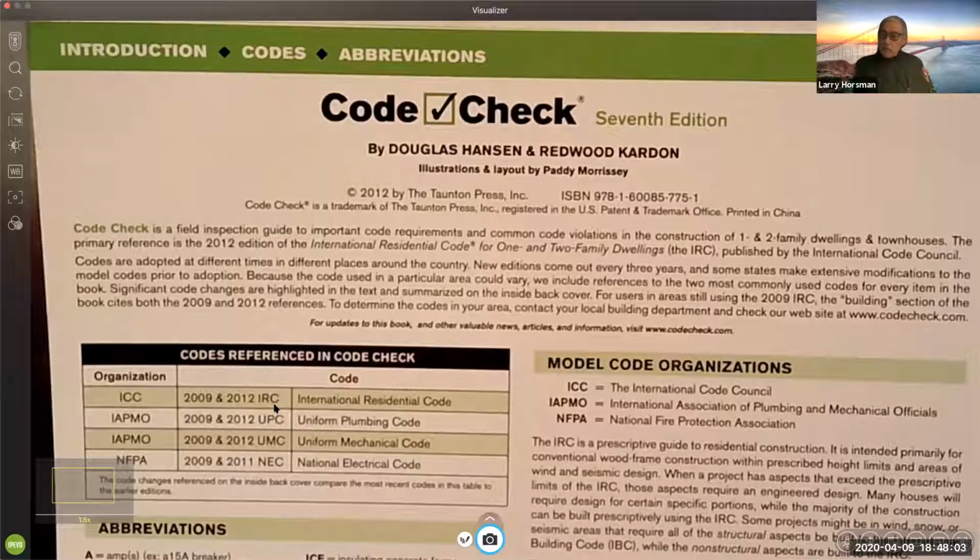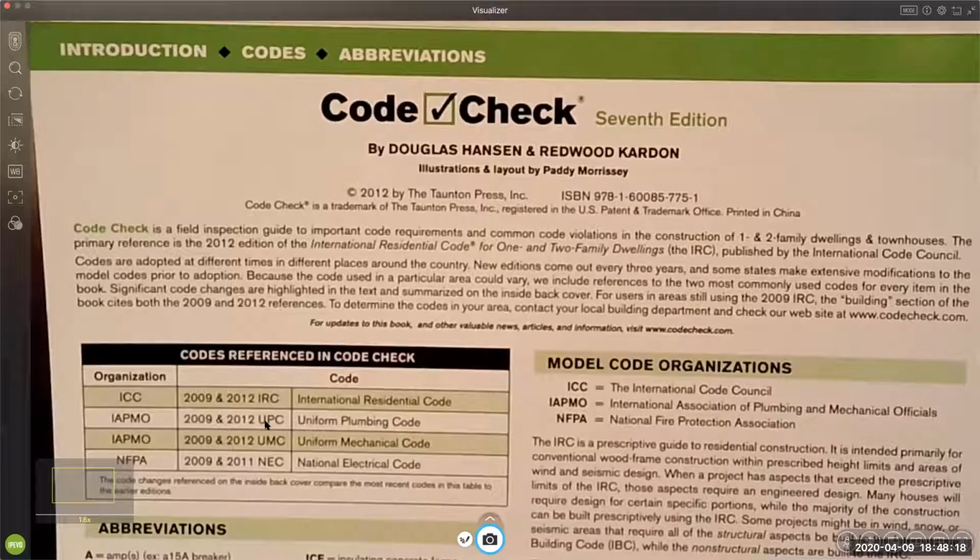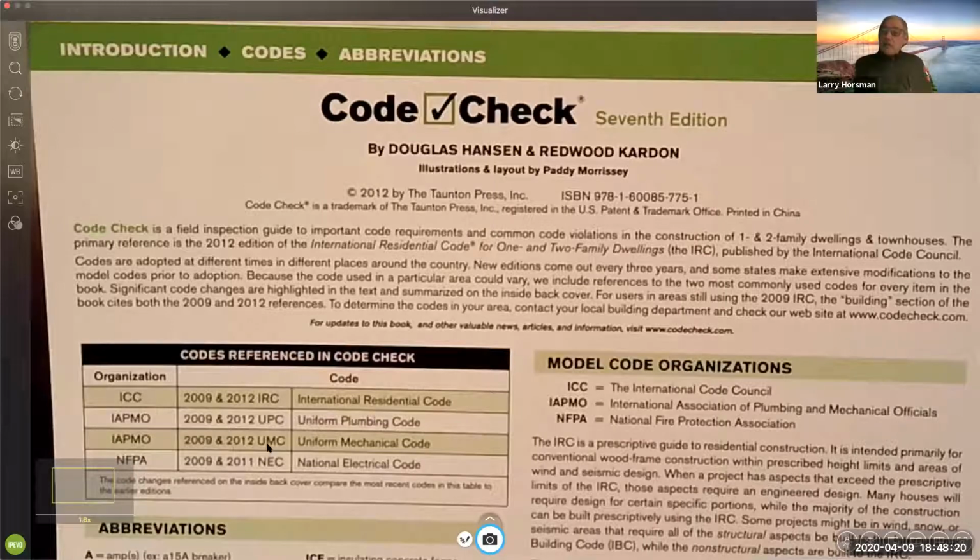The edition here is irrelevant, but basically the state of California adopted the building provisions of the IRC, but they adopted the plumbing provisions from the Uniform Plumbing Code. They adopted the mechanical provisions of the California Mechanical Code from the Uniform Mechanical Code.